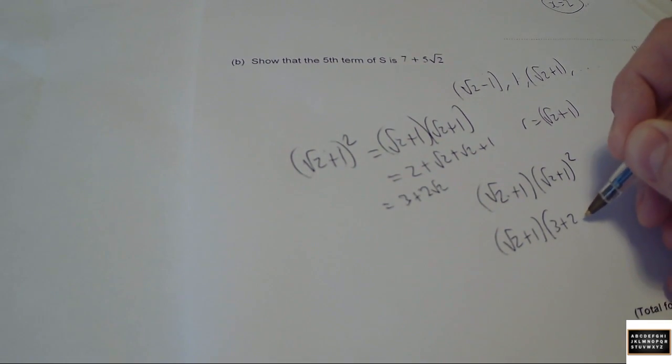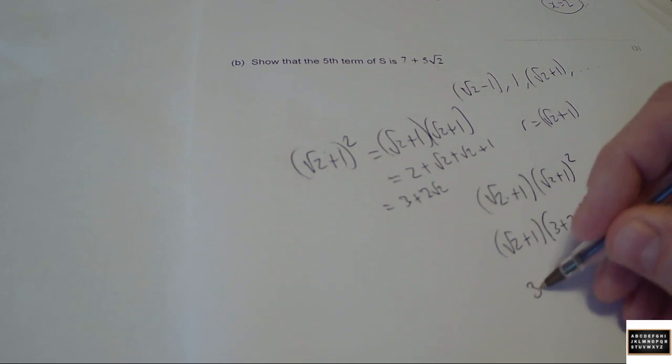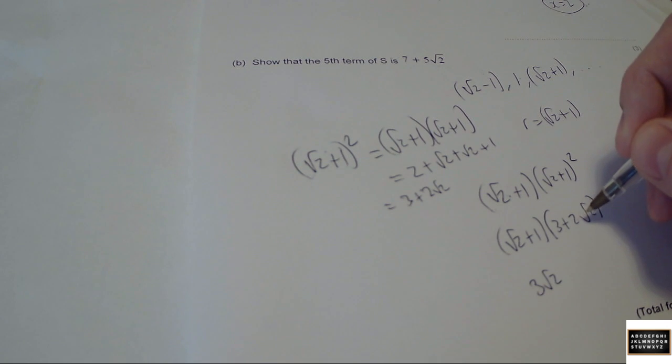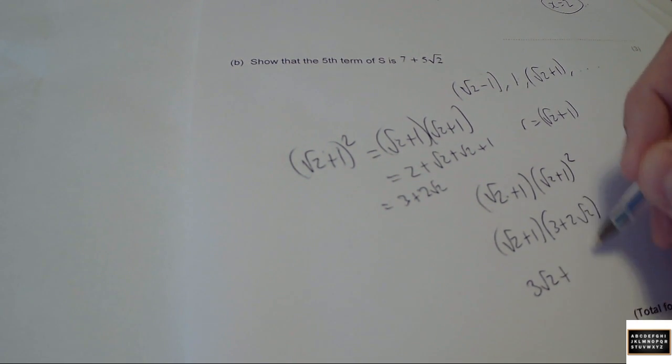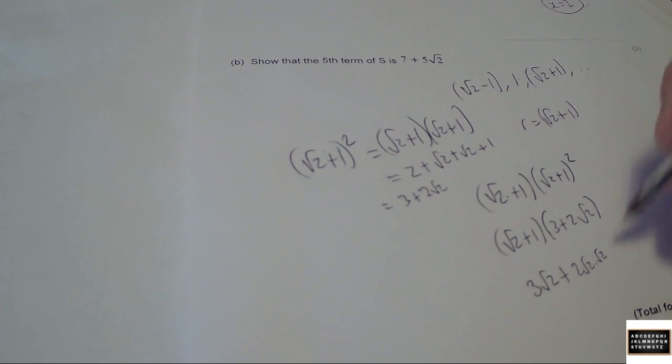There's a lot of working for this question. So I'm multiplying these now. So again, go about it the same way. So first two terms, 3 root 2. Outside terms, got to be careful with my signs here. So it's 2 root 2 times root 2. I'll leave it like that for now.